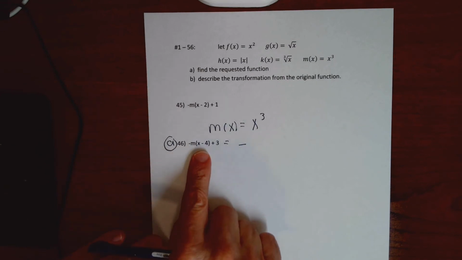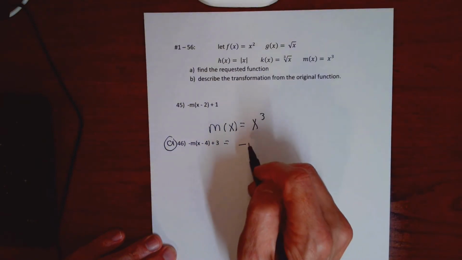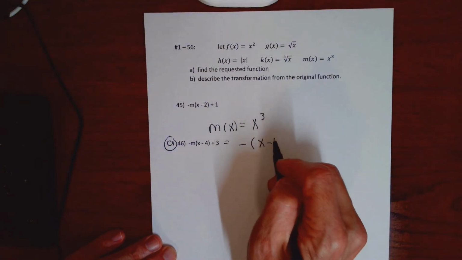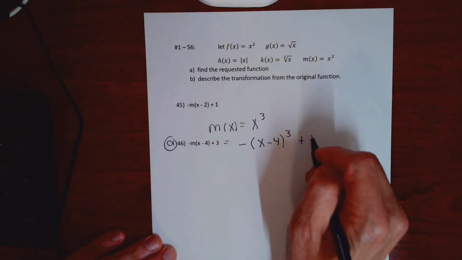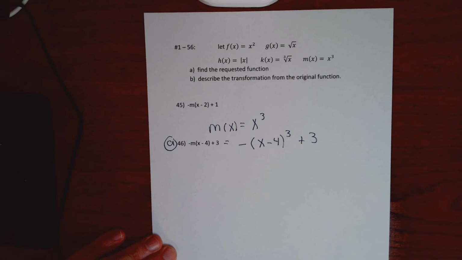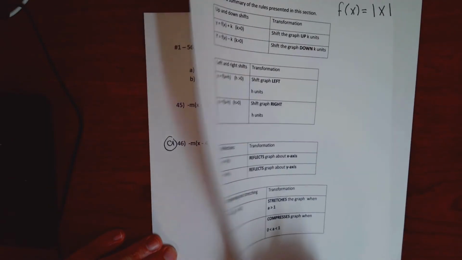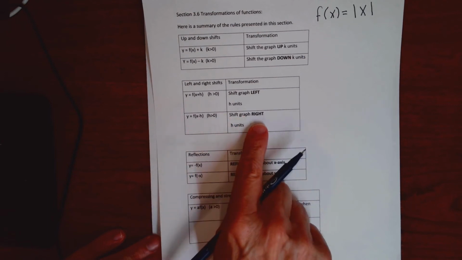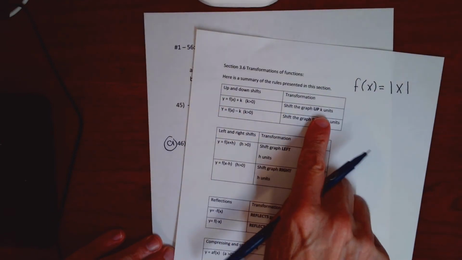The x minus 4 needs to be inside a parentheses, and I don't have something that works as a parentheses, like an absolute value or a radical symbol, so I need to create a parentheses for that. And the plus 3 is just going to tag along after. 3 shifts. The minus in front reflects it over the x-axis. The minus inside the parentheses shifts it right, and the plus afterwards moves it up.